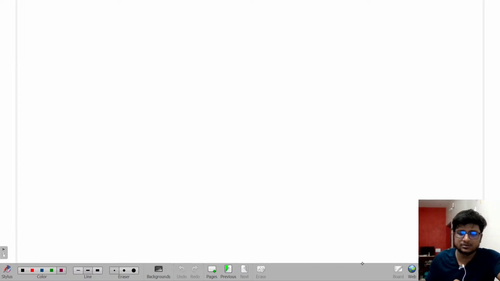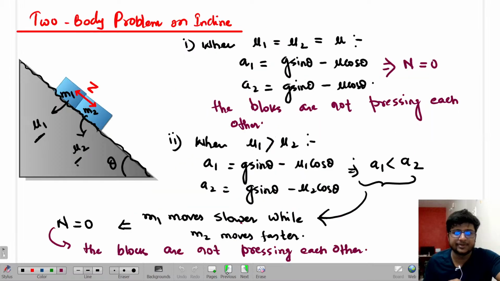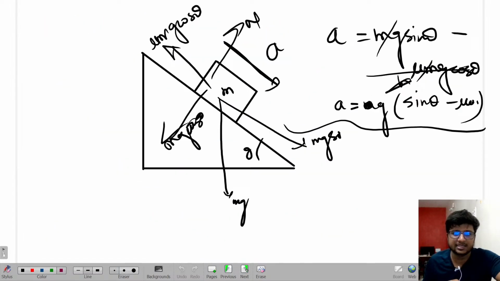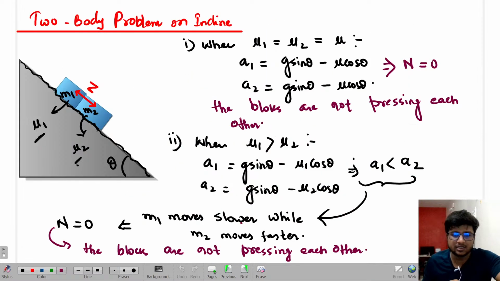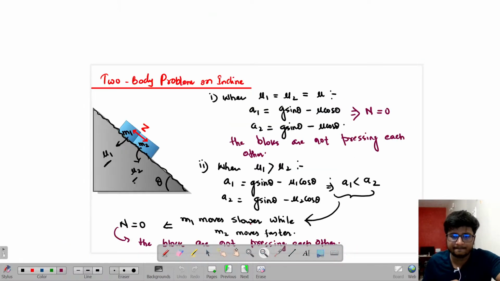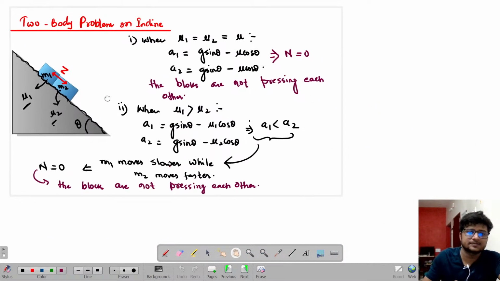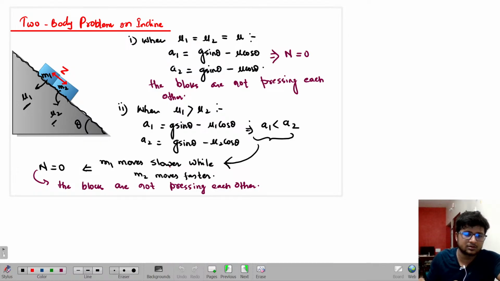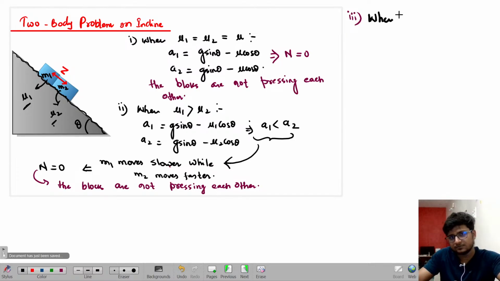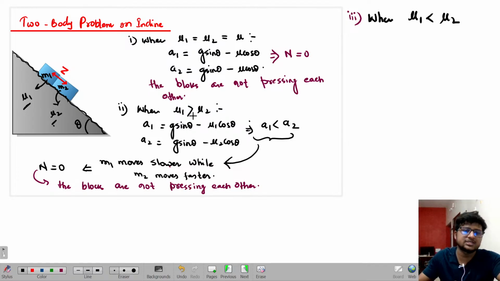Look over here. So I got the meaning of this two body problem on incline. Is that clear? Now, third case, we were going to discuss third case. Third case is when this mu1 is less than mu2. If mu1 is less than mu2, what you can find that acceleration of 1 is more than acceleration of 2.